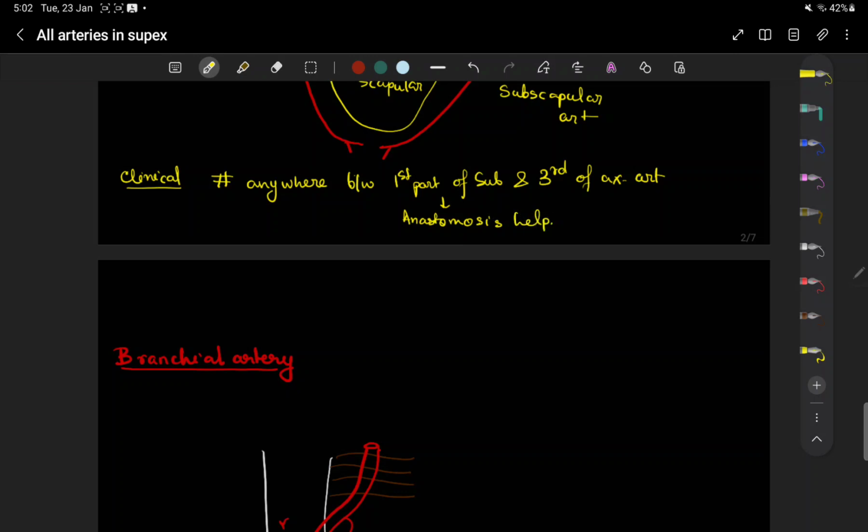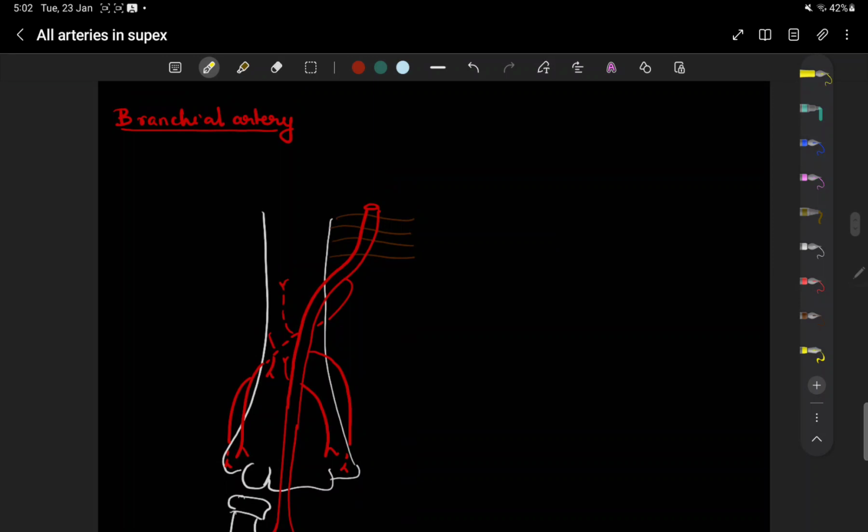So remember this. Next we'll move on to the brachial artery.